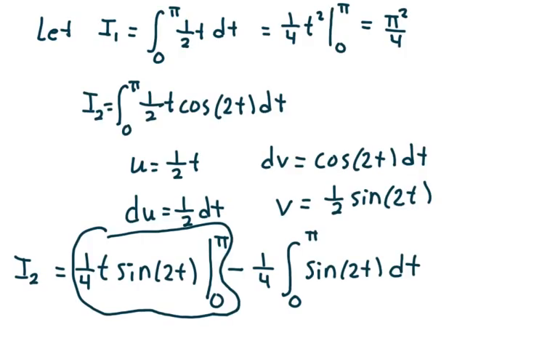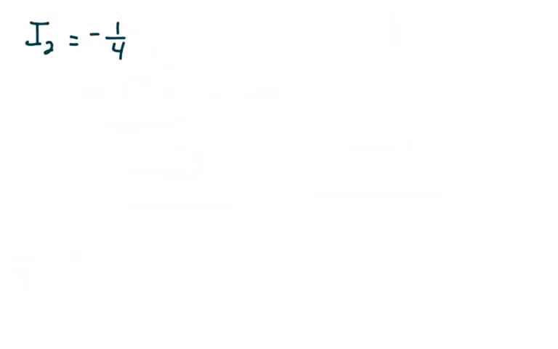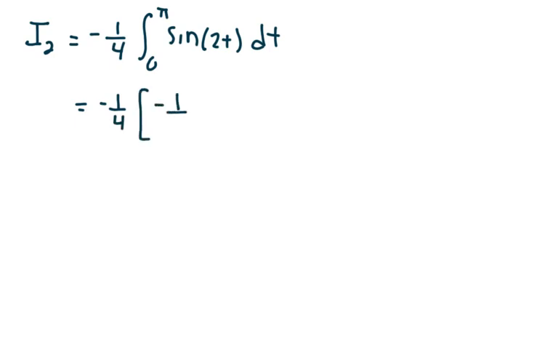And then it's the integral from 0 to pi of sine 2t dt. So this is negative 1/4 times negative 1/2 cosine of 2t. And we're going to evaluate this from 0 to pi.